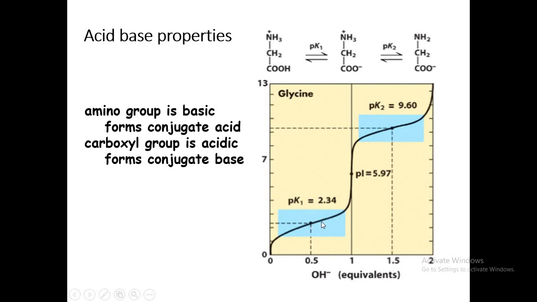And then the amino acid would form an equimolar concentration of two species. So when we start the titration, the starting species was this form, and then at this point, the final species at pH 7 was this form.